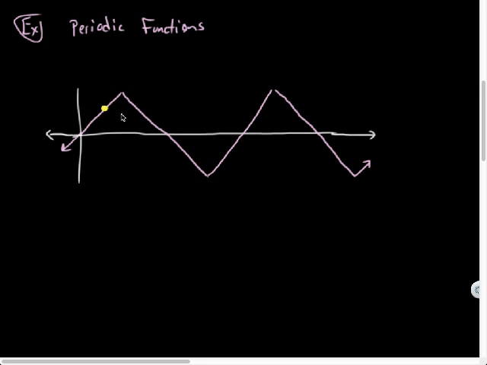The next time that this repeats is all the way over here, because it's repeating this whole cycle over and over. Here's another piece of it right there. So that would be the period right here.